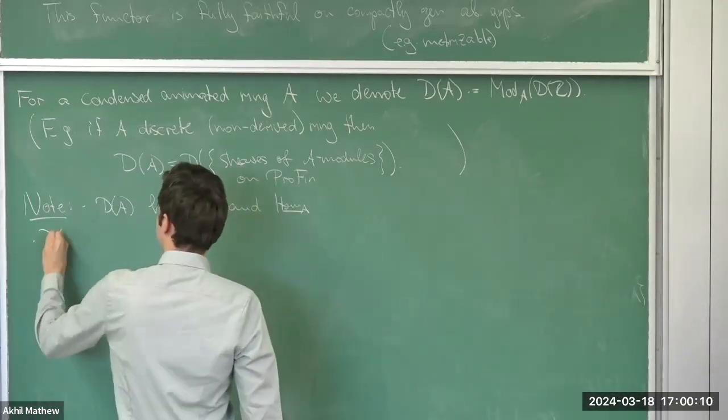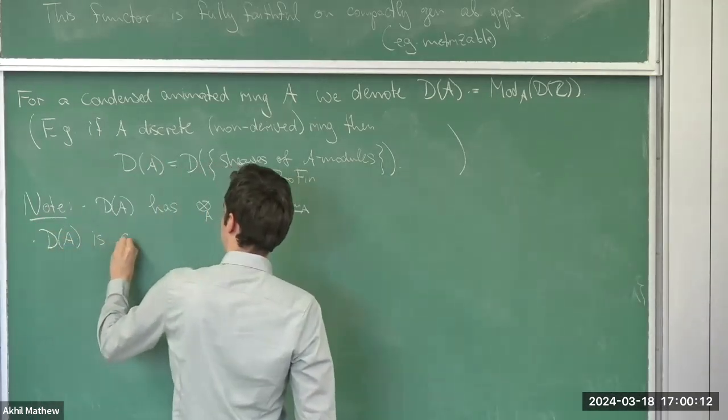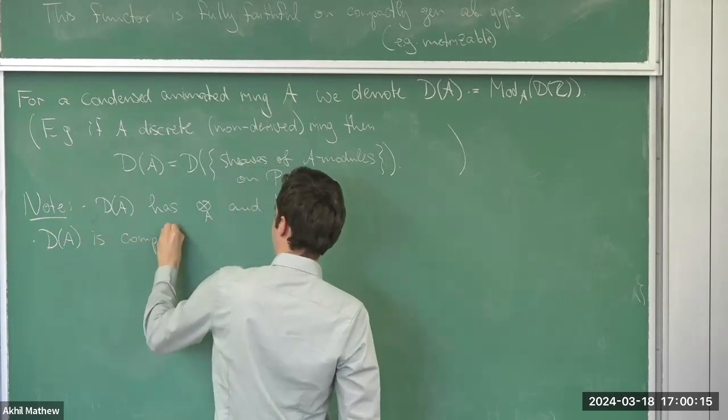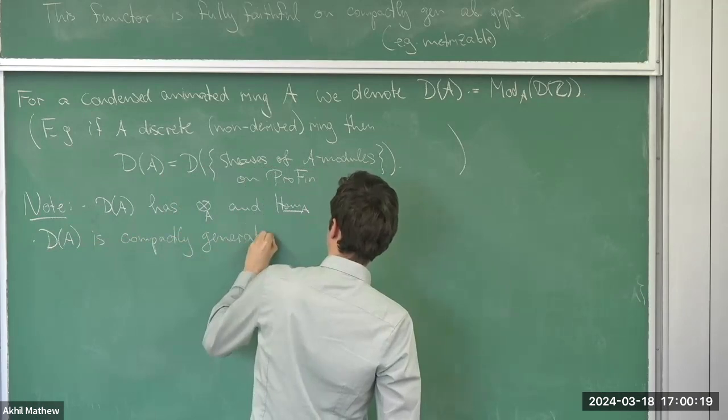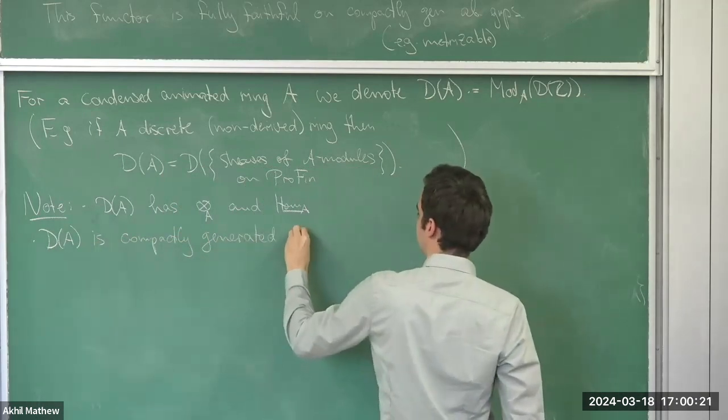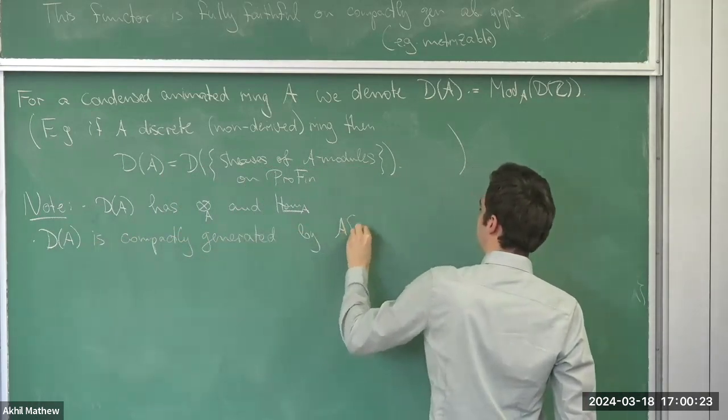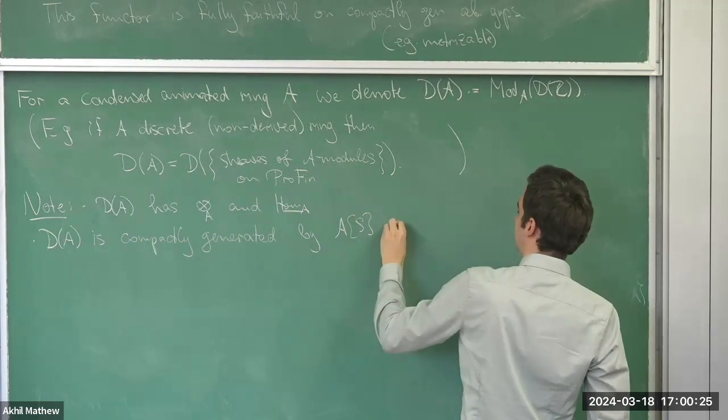And also D(A) is compactly generated by the three modules.